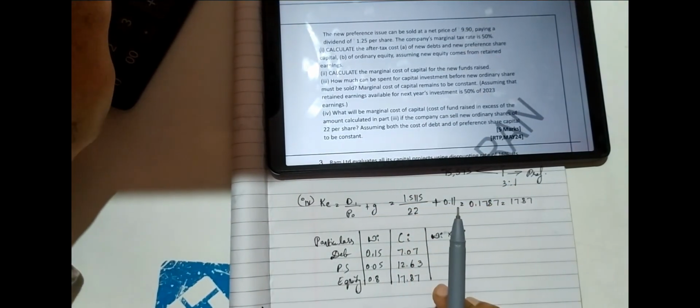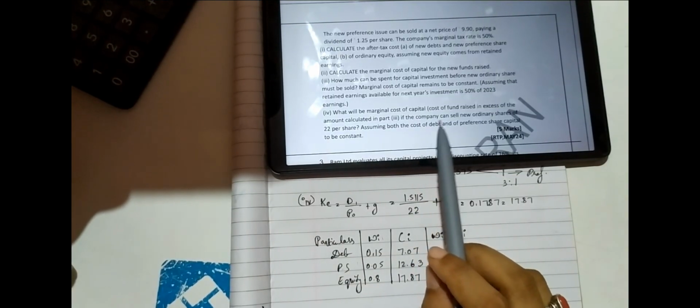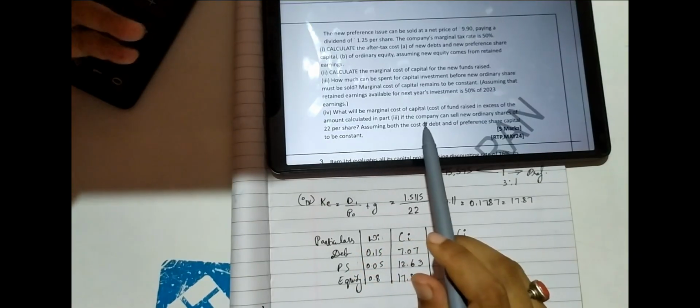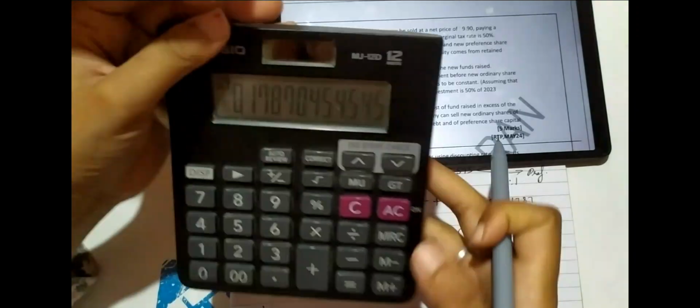Okay, so now we have to calculate the marginal cost of capital. In the marginal cost of capital, the weights always remain the same, and the other costs also remain the same, because only for KE they told us the price of the new ordinary share is going to change. So it is 17.87. Now if you multiply, we're going to get the answer.